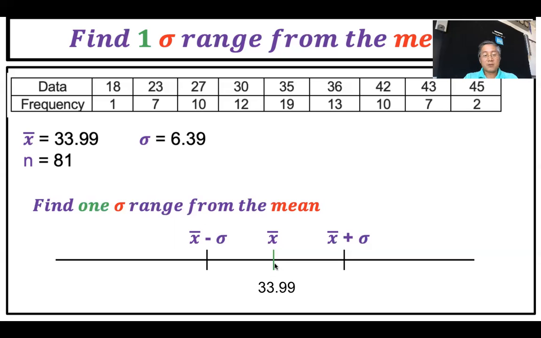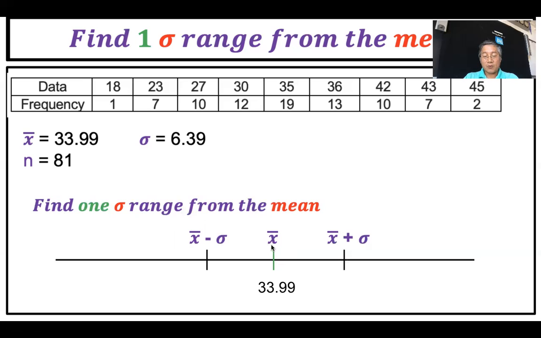Now the mean is here, 33.99. One standard deviation range from the mean means that from the mean you can go further by adding the standard deviation, from here to here. So you add 6.39, and that is the highest value.